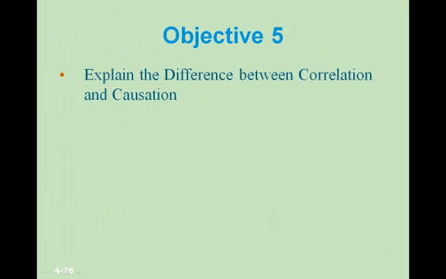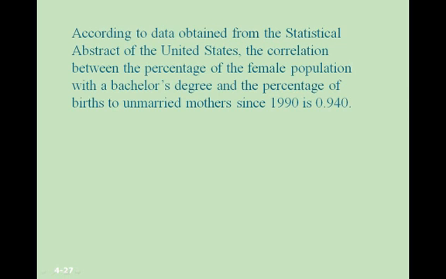In Objective 5, we will explain the difference between correlation and causation. According to data obtained from the Statistical Abstract of the United States, the correlation between the percentage of the female population with a bachelor's degree and the percentage of births to unmarried mothers since 1990 is 0.940.